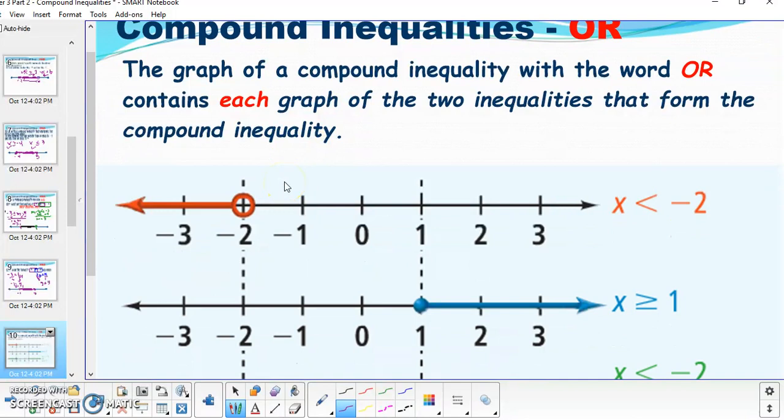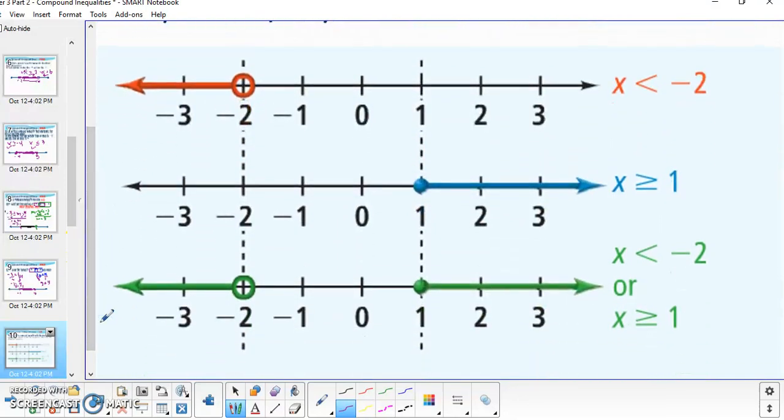Many numbers can make the statement true. Here is an example at the bottom, the red one, the first inequality. Open circle, everything to the left till negative infinity makes that statement true. The blue example, x is greater than or equal to 1.